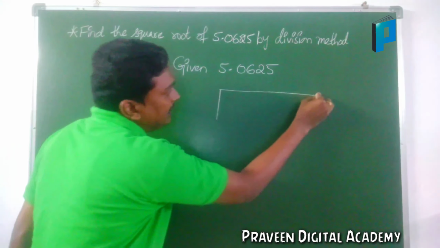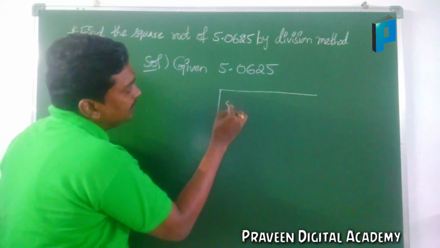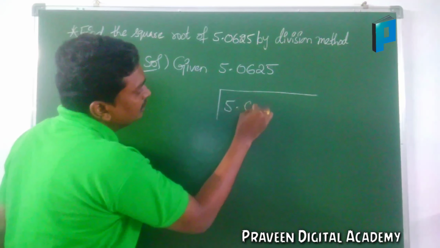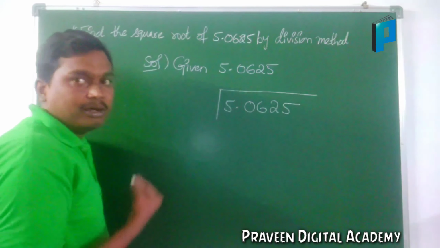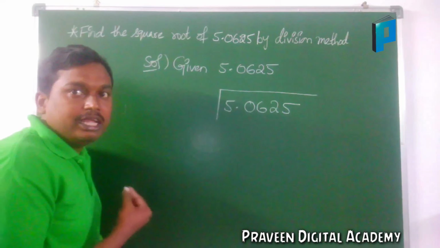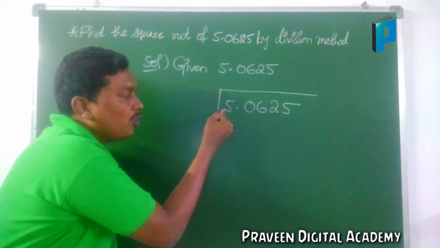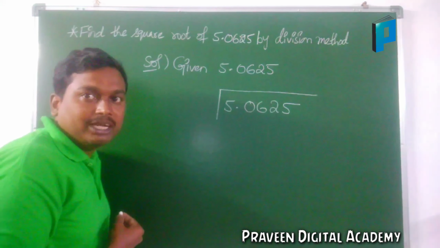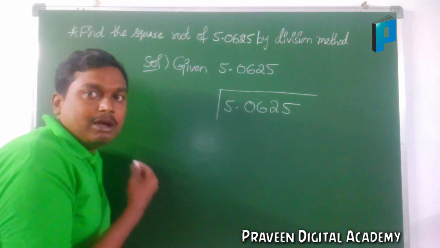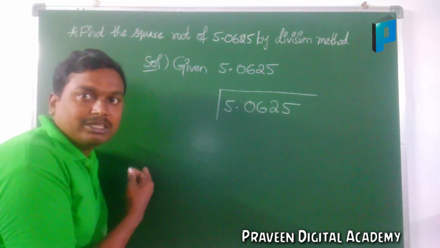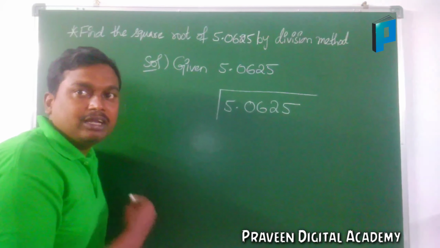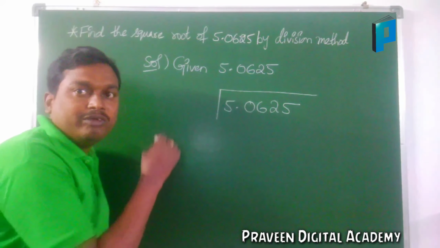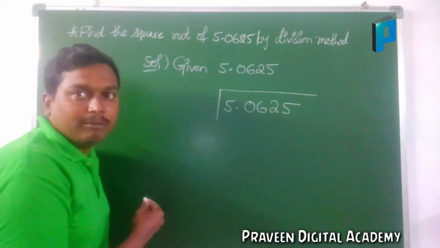So let me take the division here. 5.0625 is the number we have. Before the point, whatever numbers are there, we keep a bar for every two numbers, and after the point, whatever numbers we have, there also we keep a bar for every two numbers.